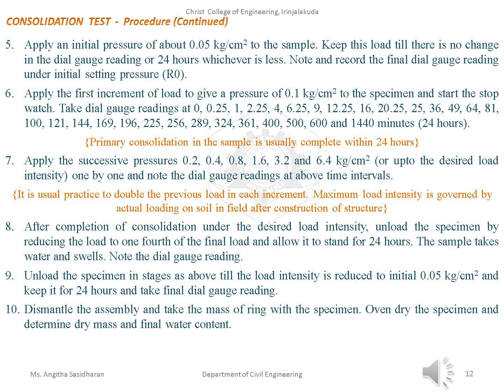It will again take water and start swelling, and we'll note the dial gauge reading. This process goes on until the load intensity is reduced to the very initial value, that is 0.05 kg/cm². Again we'll keep it for 24 hours at that load intensity, and take the final gauge reading after that time.